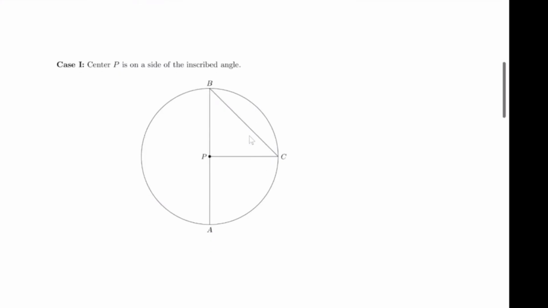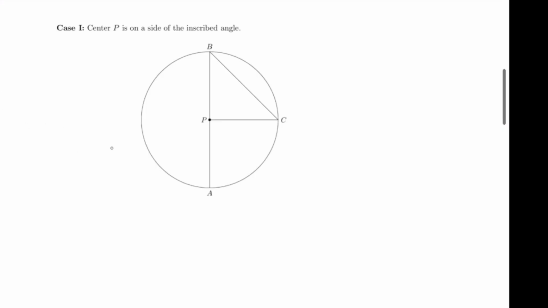One where one of the sides of the inscribed angle is the diameter. In the case where it's the diameter, we know that PB is congruent to PC, because they are radii.